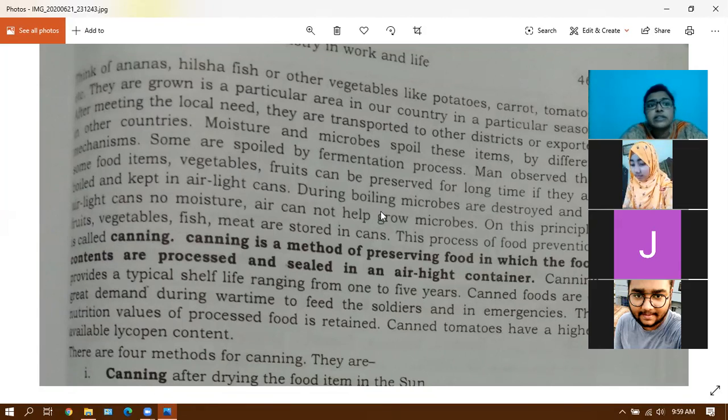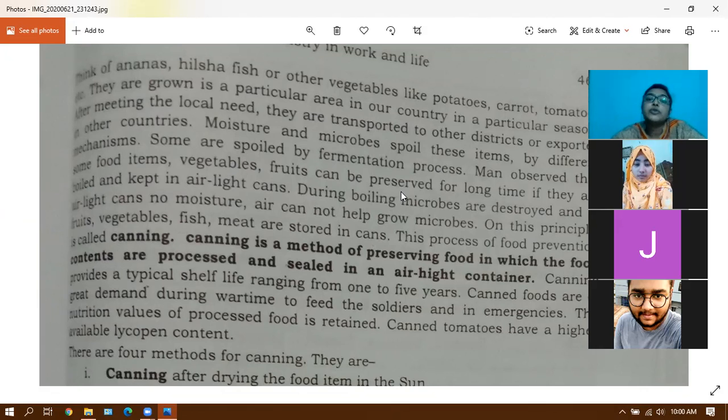Man observed that some food items, vegetables, fish, meat, can be preserved for a long time if they are boiled or kept in airtight cans. Your book has given air light. It's not correct. Correct will be air tight. Where there is no air, vacuum place.